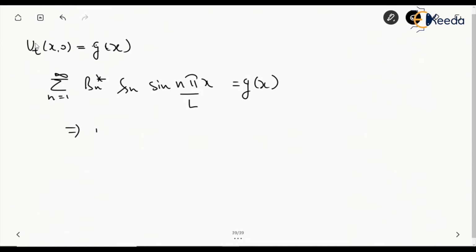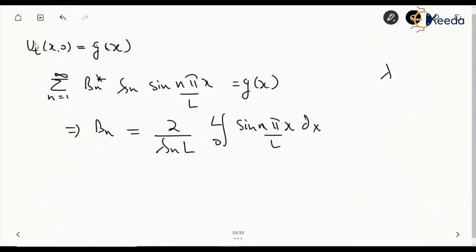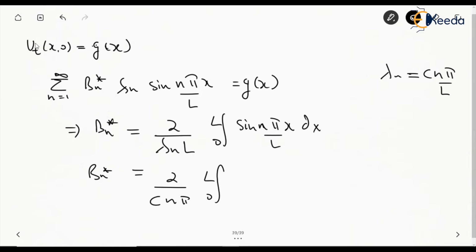So from there, here we can get b_n star is equal to 2 by lambda_n L integral from 0 to L g of x sin(n pi x by L) dx, and we know that lambda_n is c n pi by L. So this is going to be b_n star equal to 2 by (c n pi) integral from 0 to L g of x sin(n pi x by L) dx.